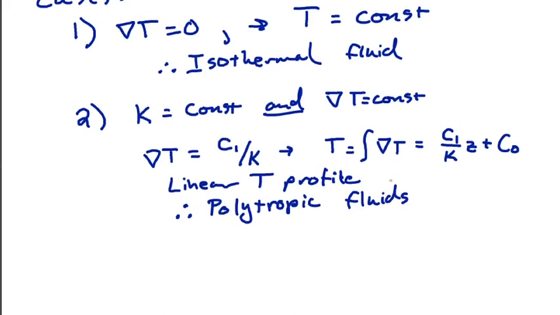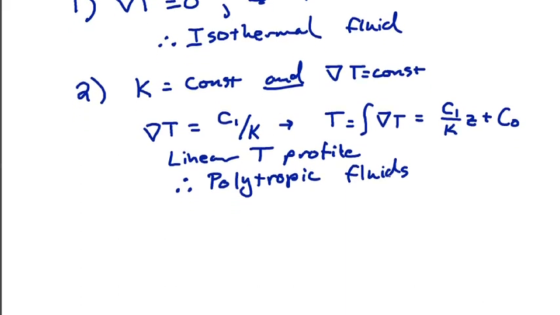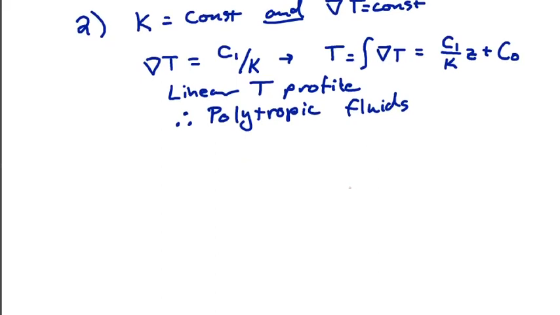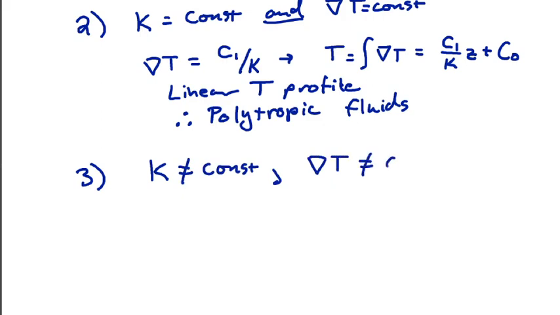Now, are there any other cases that we can solve? There's one other case that we can solve, a special case, but one that has some real importance. When k is not constant, and when grad T is not constant, so they both vary, but the combination k grad T is constant.